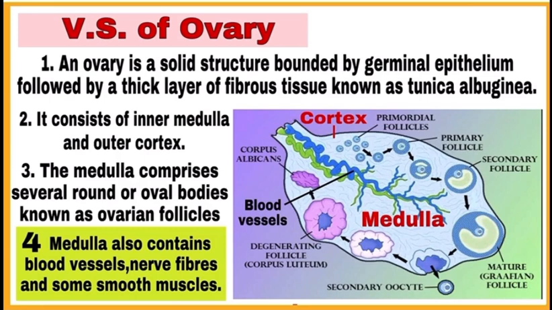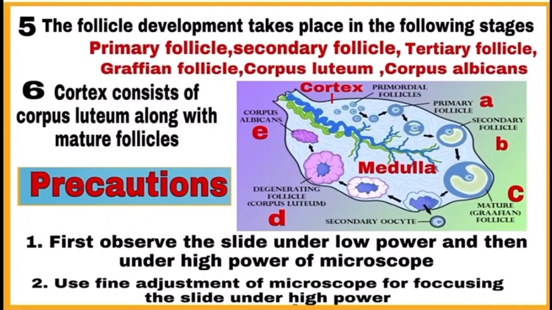The medulla comprises several round or oval bodies called as ovarian follicles. Medulla also contain blood vessels, nerve fibers, and some smooth muscles. Point number 5. The follicle development takes place in the following stages. Check these stages in the diagram.